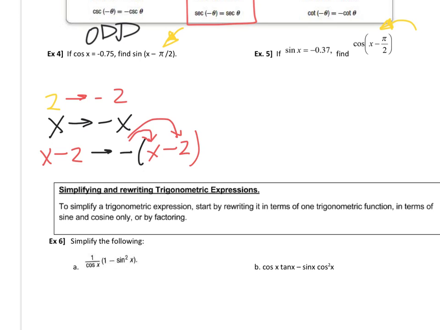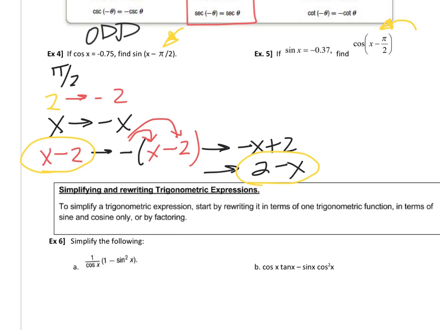So the opposite would be negative x plus 2. So we could write it this way, or we could write it as 2 minus x. So what's important to know is if you have x minus 2, its opposite is going to be 2 minus x.